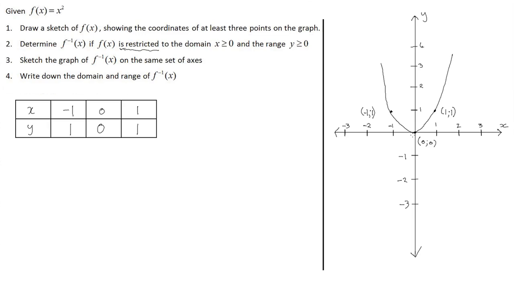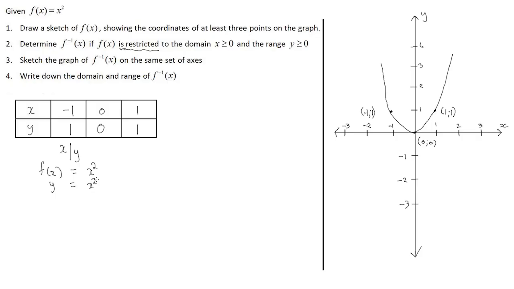Remember what we said. With finding the inverse, we change our x and y values. What was given to us was f of x, which is equal to x squared. This is the same as y is equal to x squared.